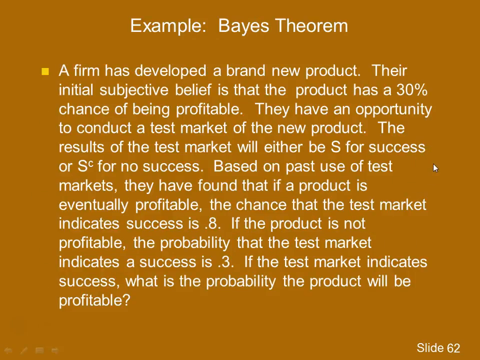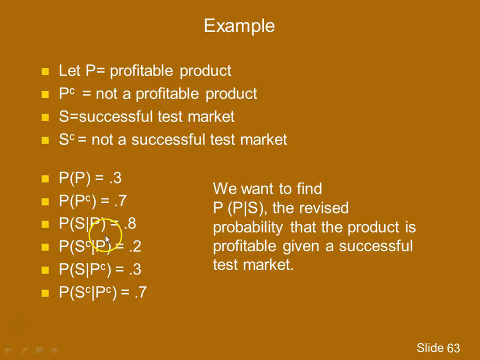Then all the remaining given information is going to be conditional probabilities. If a product is profitable, the chance of the test market indicating success is 0.8. That's going to be this probability right here. Given the product is profitable, the chance of a successful test market indication is 0.8. And here we have the complement to it.